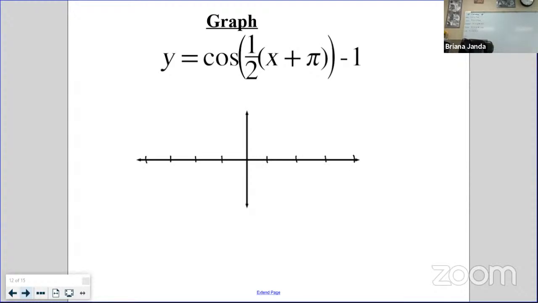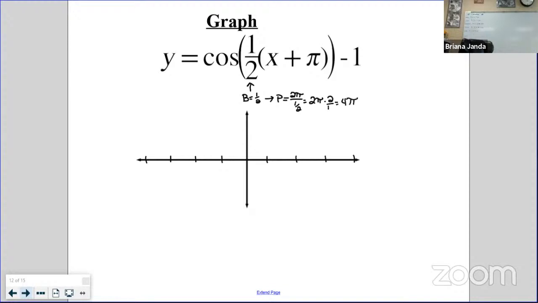What makes this one challenging is the combination of a change in the period and a phase shift, and paying attention to what those tick marks now represent when we change the length of the period. So first of all, having a B value of 1/2 means that the period is 2 pi divided by 1/2, which is actually 4 pi.